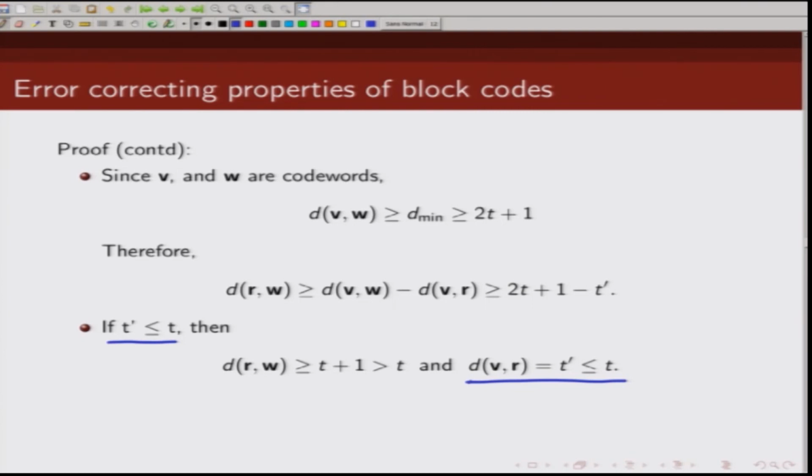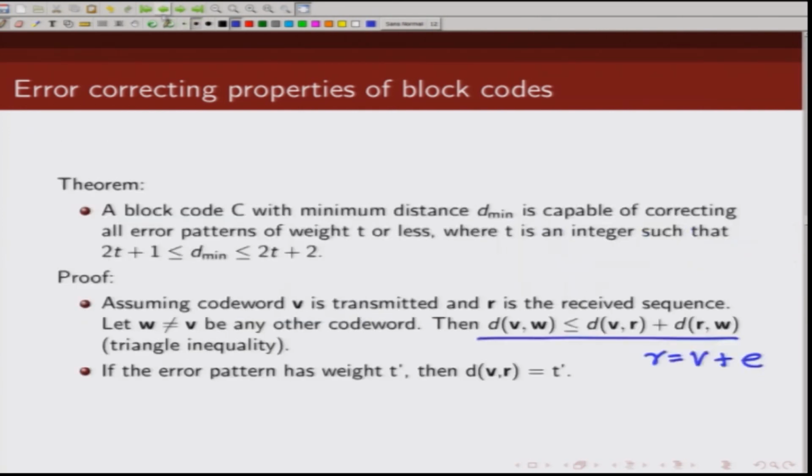So, what we have shown here is, as long as your error pattern has weight up to t, those error patterns are correctable, provided the minimum distance of your code is d min and it satisfies this relationship.